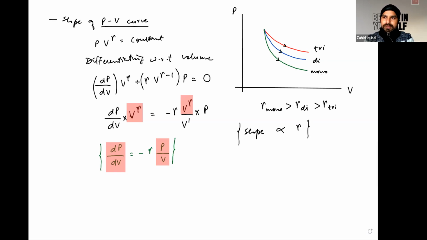Next, we have to compare this slope with the isothermal process.